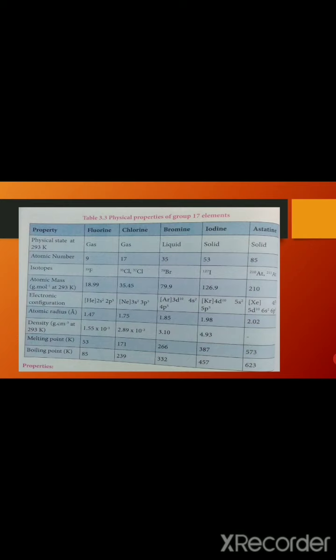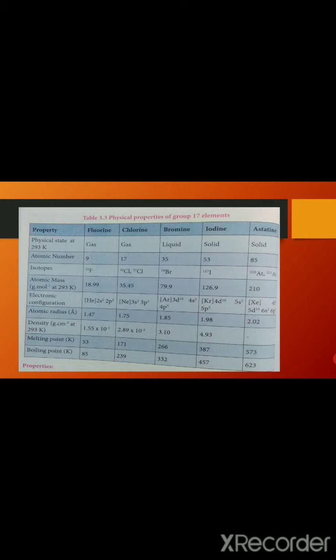If you see their physical state, fluorine and chlorine are gases. Bromine is a liquid, whereas iodine and astatine are solids. So the phase goes from gas, to liquid, to solid. Please remember this one also.